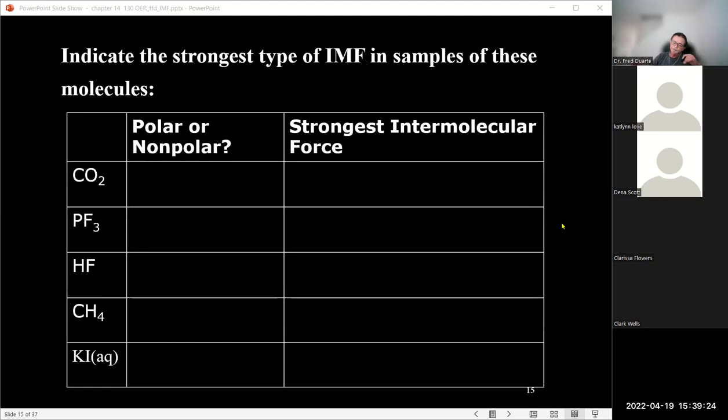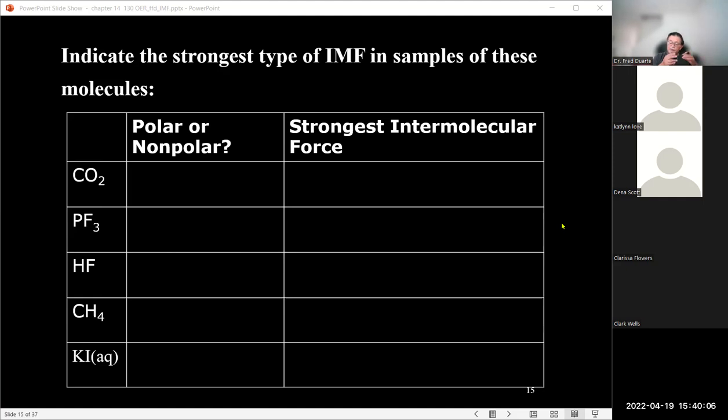All right, so we may have a table as follows, and they might ask the question, okay, first of all, is it polar or non-polar? Once we identify whether it's polar or non-polar, then we can assign the strongest intermolecular force for that molecule. All right, so that means you may have to go back and review how you did Lewis-dot structures, okay?